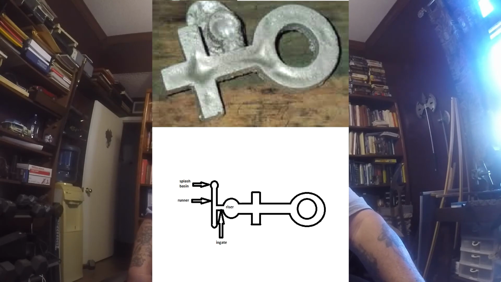So basically what you have is a chill in the middle of the round portion. A chill being something that helps solidification along, making a certain portion of your casting solidify faster than it normally would have if you hadn't put that chilling material in contact with the mold wall.